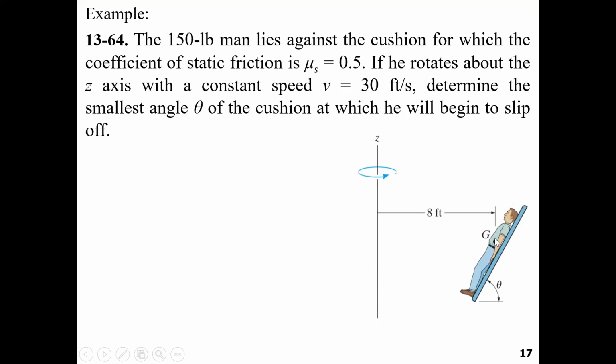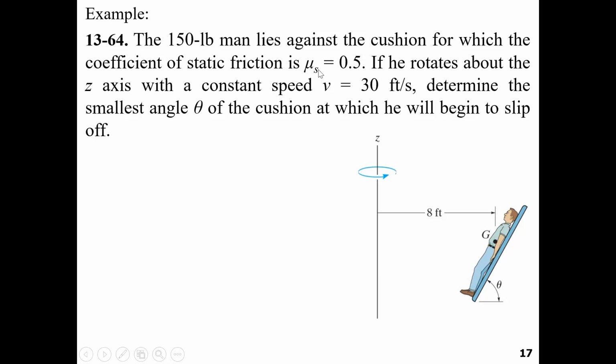Because this is a guy, we use the center of gravity. You already know it. We're going to talk about it later, but you can consider this guy like a particle, right? Like a small box here, or whatever you name it. The distance of that particle from the center of rotation is 8 feet. And this angle could change.